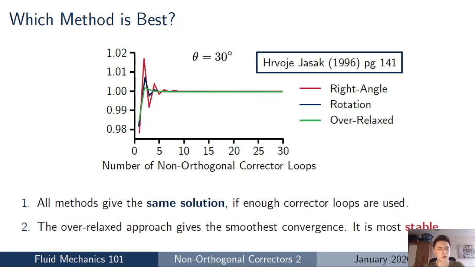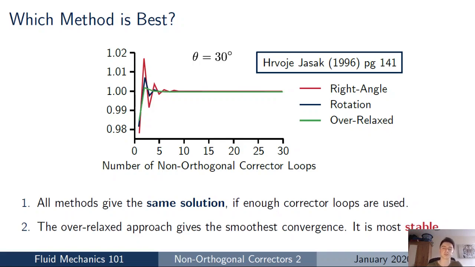However, if we now zoom in a bit and look at the behavior of the different schemes, we can see that the three approaches give slightly different stability characteristics. And the right angle approach gives some quite large oscillations, the rotation approach gives some smaller oscillations, and the over-relaxed approach is more smooth.